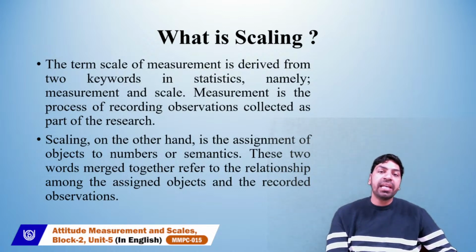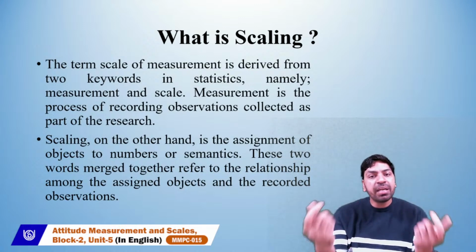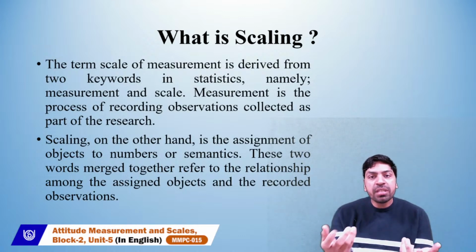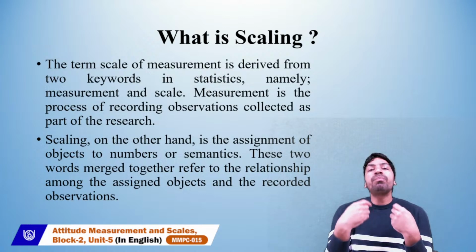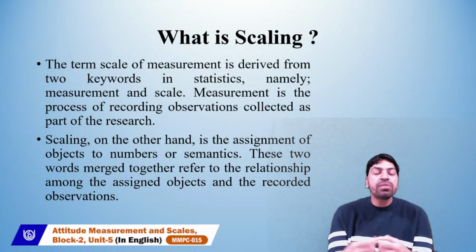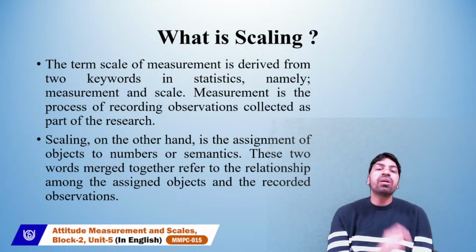That is called scaling. So if a particular researcher has prepared a question with multiple options, scaling means to put a ranking, to put numerical codes, to put a category to those options.